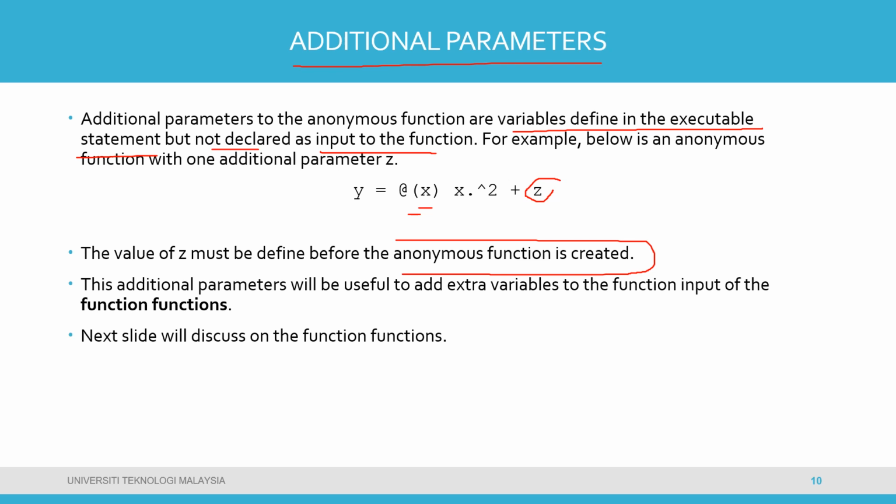For example, before it is created, z equals something. This additional parameter will be useful to add an extra variable for an input function of the functions. Next slide we will discuss the functions.